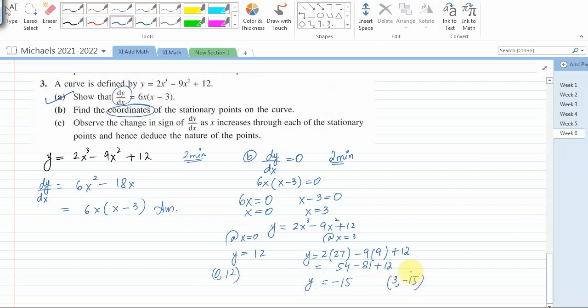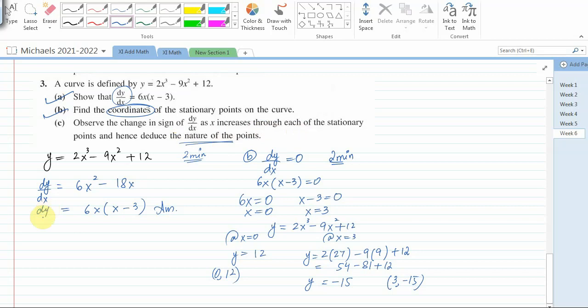These are the coordinates. For part C, it says observe the change in sign of dy/dx as x increases through each of the stationary points and hence deduce the nature of the points. For the nature part, we need to apply the second differentiation. And how are you going to do that?